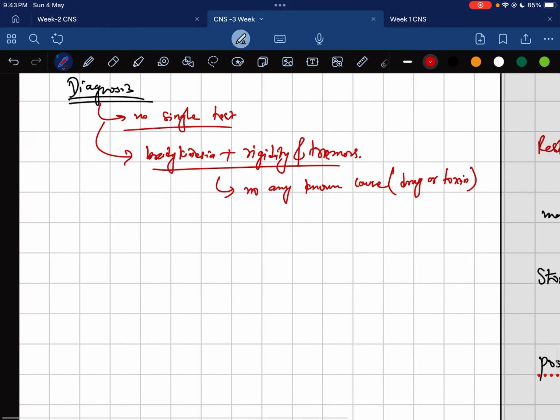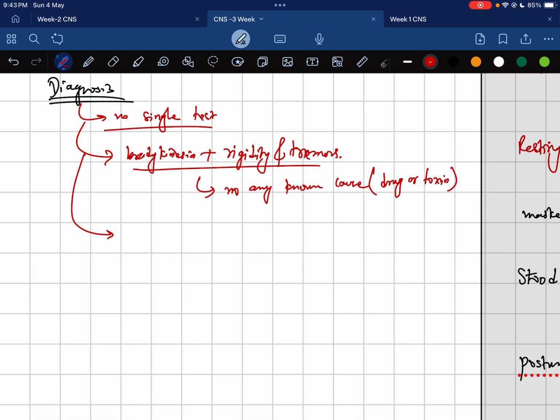We also check for the levodopa response. If the patient responds to L-DOPA, levodopa, then it supports our diagnosis.